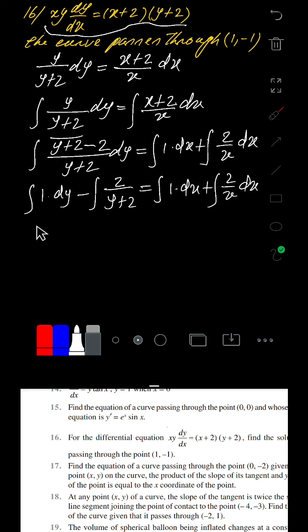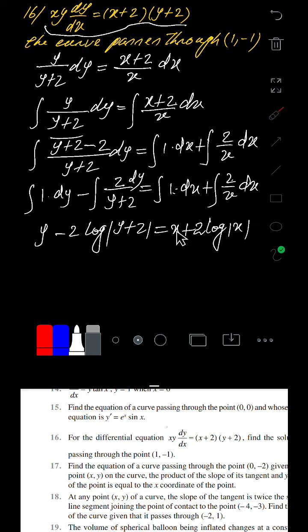So finally, integral of 1 with respect to y is y, minus this 2 is a constant coefficient, should be taken out, and we get 2, and integral of 1 upon y plus 2 with respect to y will be log mod y plus 2, is equal to integral of 1 with respect to x is x, and plus 2 is taken out as constant coefficient, and integral of 1 upon x dx will be log mod x.